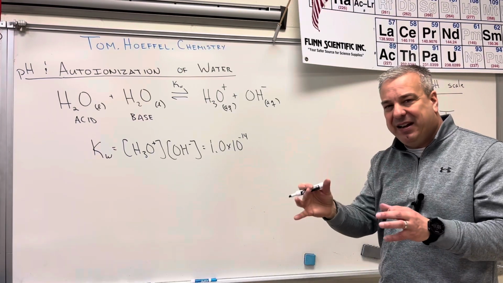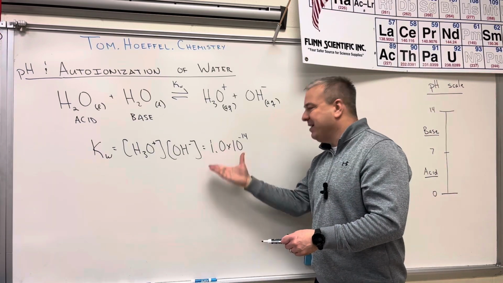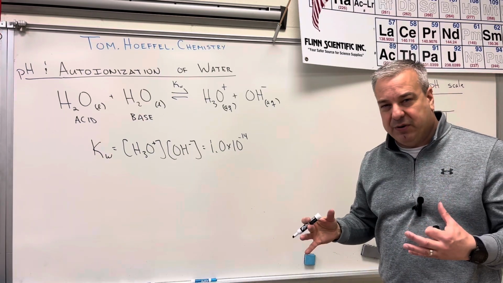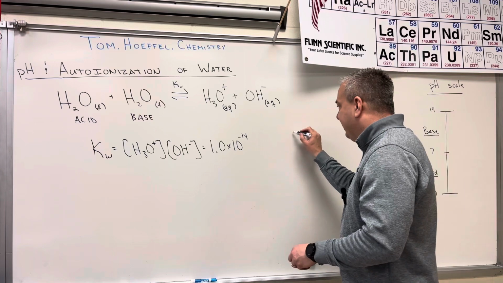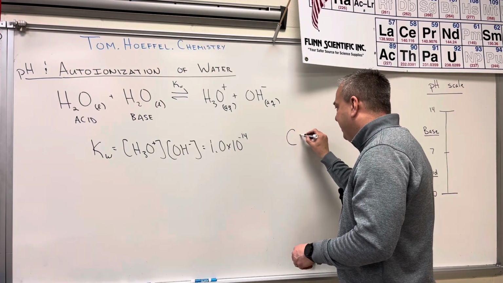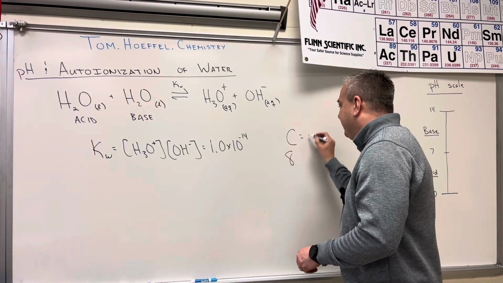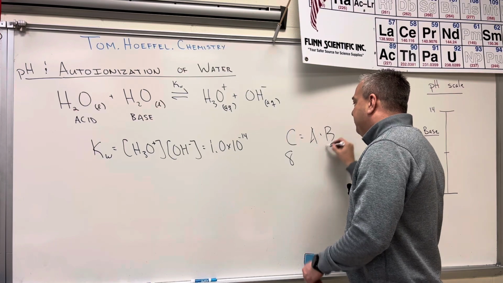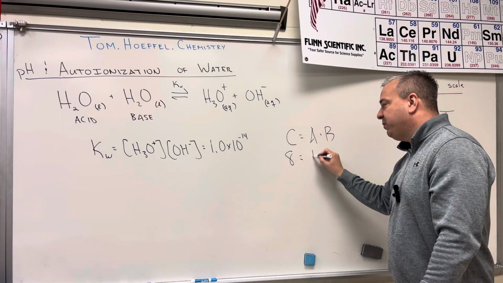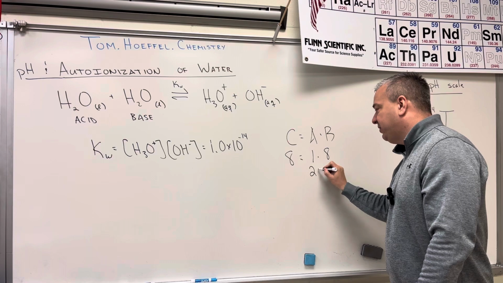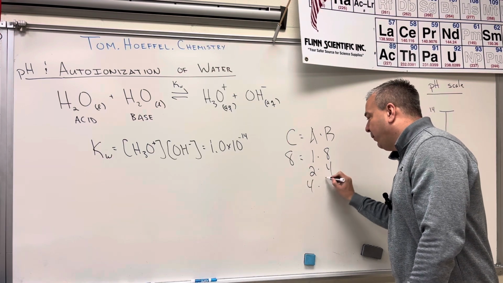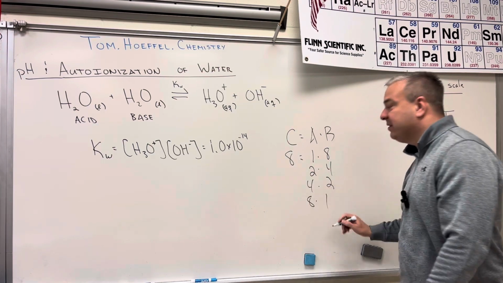Let me show you an example with numbers that aren't as complicated as 1.0 times 10 to the negative 14. Let's say I had this constant that's equal to 8, and that's equal to A times B. Well, if A is 1, then B is 8. If A is 2, then B is 4. If it's 4, then this is 2. And if it's 8, this is 1.